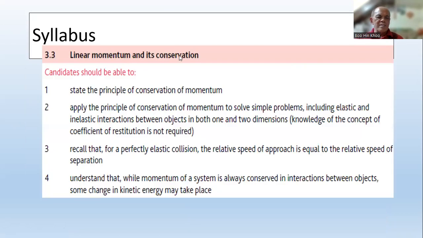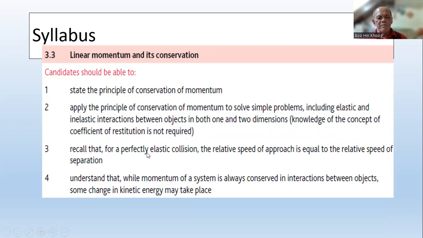Right, let's look at the syllabus. State the principle of conservation of linear momentum. Apply the principle of conservation of momentum to solve simple problems. Include elastic and inelastic interactions between objects in both 1 and 2 dimensions. Knowledge of the concept of coefficient of restitution is not required.